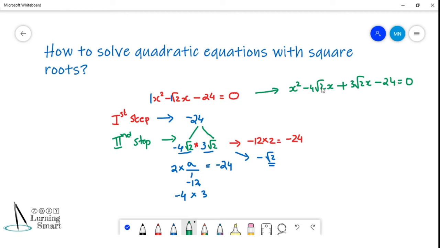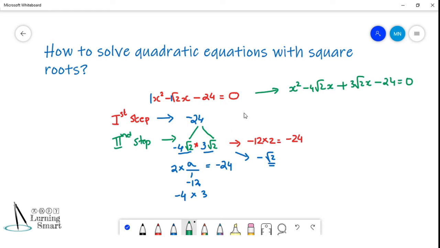Okay, this is how you should split the middle term, the term root 2x. Okay, so these are the factors you got, the factors of minus 24.